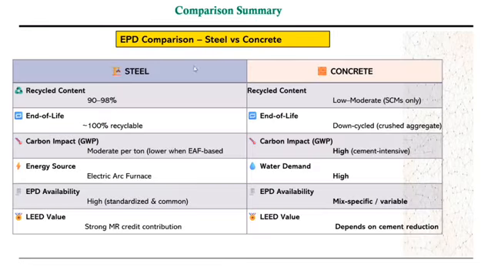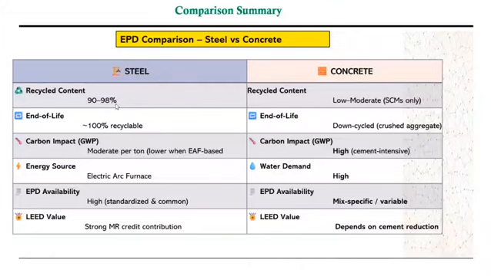Here we have summarized the EPD comparison table for both materials, steel and concrete. On the left side we have steel, on the right we have concrete. The table is the same, we have just summarized it for your simplification: recycled content, end of life, carbon impact, energy source, EPD availability, and LEED value for steel and for concrete.